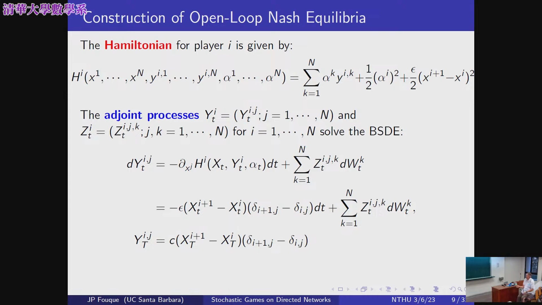You have all the collection of the noise, and you have to put something in front of the noise which are part of the unknown. So these are part of the unknown. If you want a solution, they should be adapted. So when you solve this equation, you have a terminal condition. The terminal condition is given by the differential of your terminal cost, right?